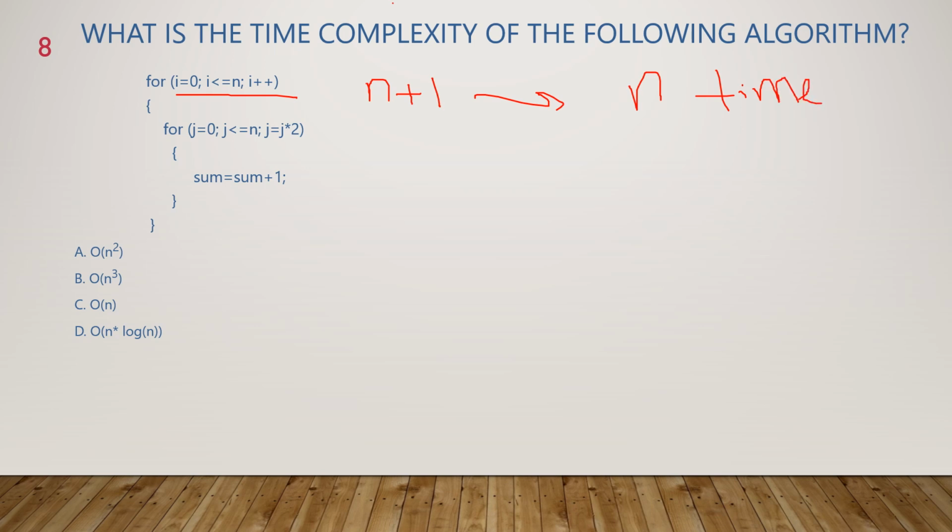For the second one, j runs from 0 while j is less than or equal to n, with j equal to j times 2. Based on this, it is log n.